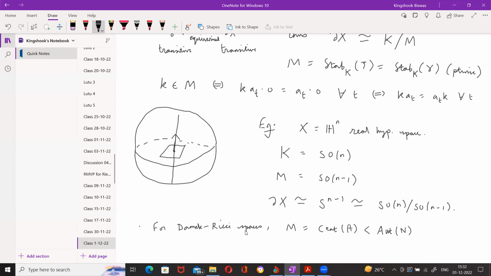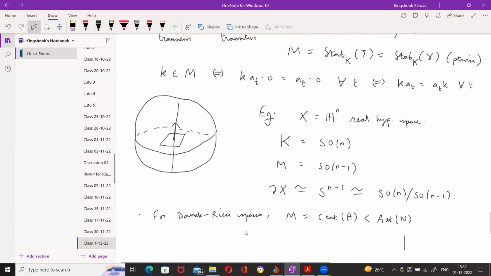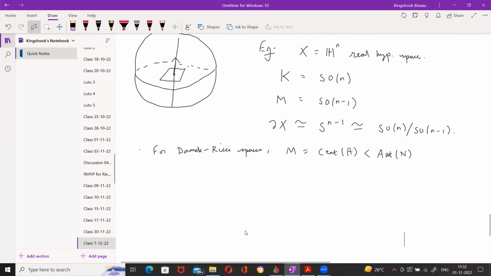So in general, these are not equalities, these are containments. For Damek-Ricci spaces, this M that you get will be some subgroup of SO(n-1). You have the same picture for Damek-Ricci spaces: the A_T orbit of the origin is a geodesic.